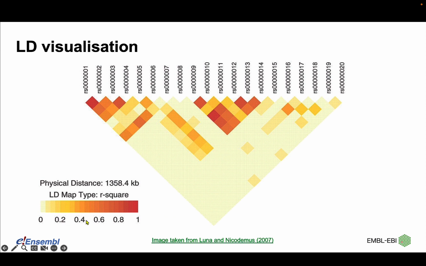So you would often get these measurements in R squared, and an R squared value of 0 would indicate that the loci are in complete linkage equilibrium, so they are not co-inherited. And an R squared value of 1 would indicate that the loci are in complete linkage disequilibrium, meaning that they are co-inherited.